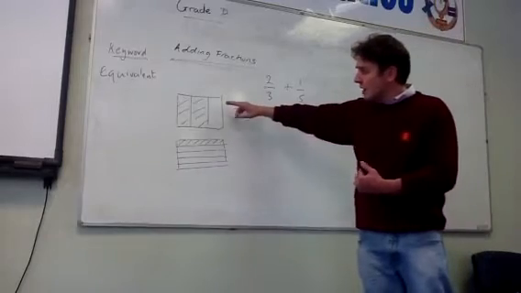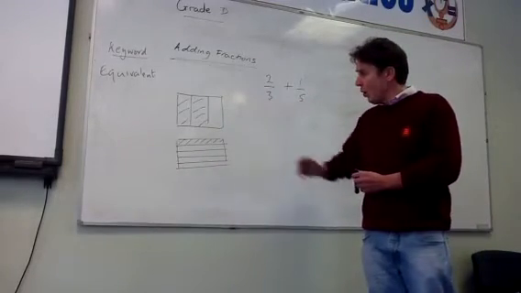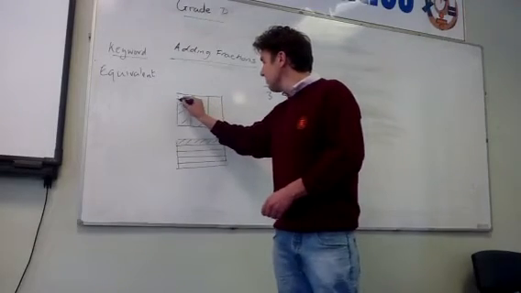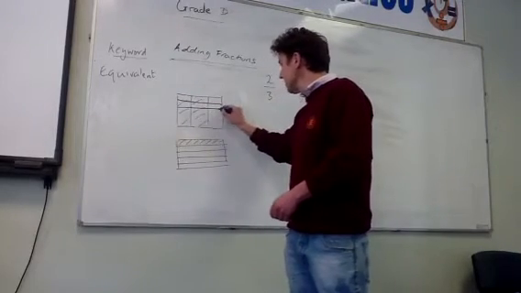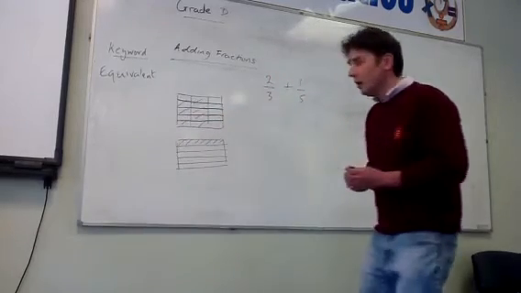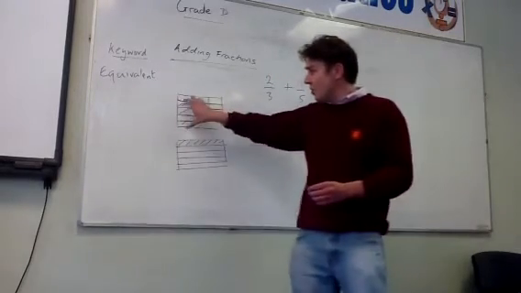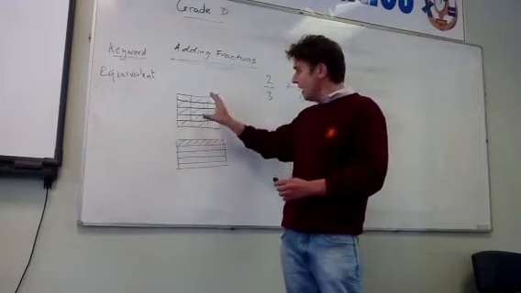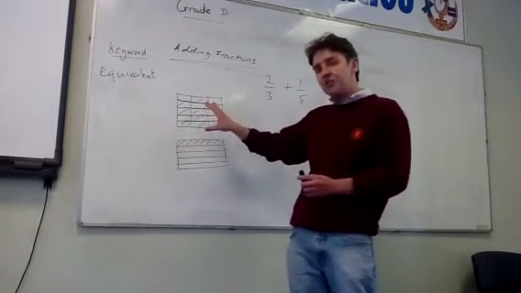Now, if we looked at this pizza, what I might be able to do is slice it across like this. I'm still eating these two nice pieces of pizza, but I'm eating them in smaller chunks. So we can say that was 2/3.